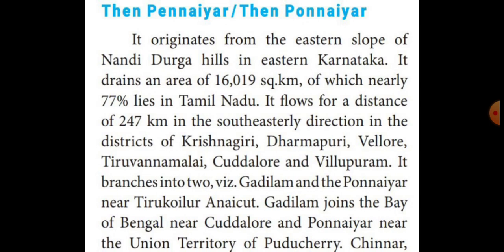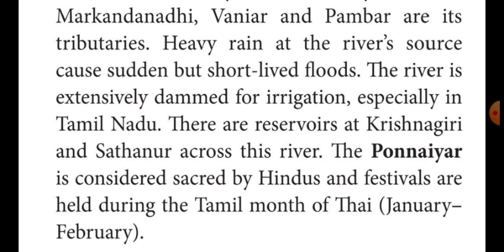During very heavy rainfall, this river causes sudden floods. Its dams are used for irrigation. Some Hindu sacred rivers are also here. The Hindus celebrate festivals during the month of Thai.